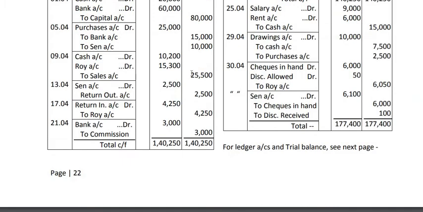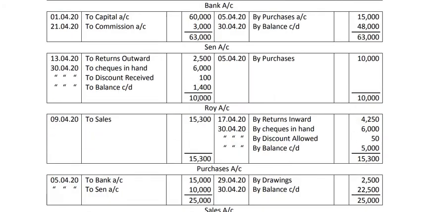Then the next entry where there is Sen account debit to return outward. So in Sen account, we have to write to return outward account 2,500 on the debit side. On 13th April, to return outward account 2,500.